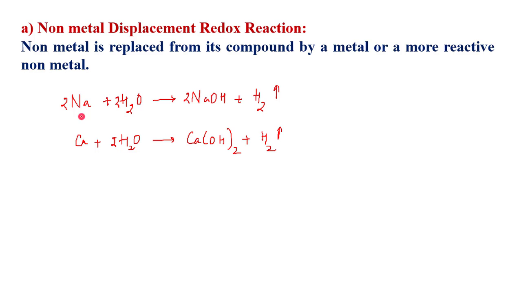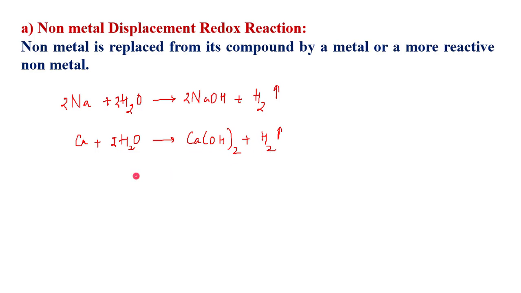So like this, what happens? In these examples, hydrogen is a non-metal. Who is displacing it? A metal which is more reactive, that is sodium and calcium. These are metals, they are displacing a non-metal from their compound, right? So the product formed is hydrogen gas.